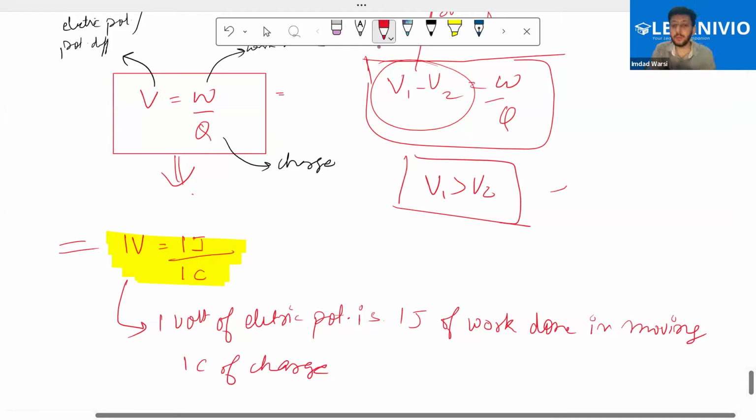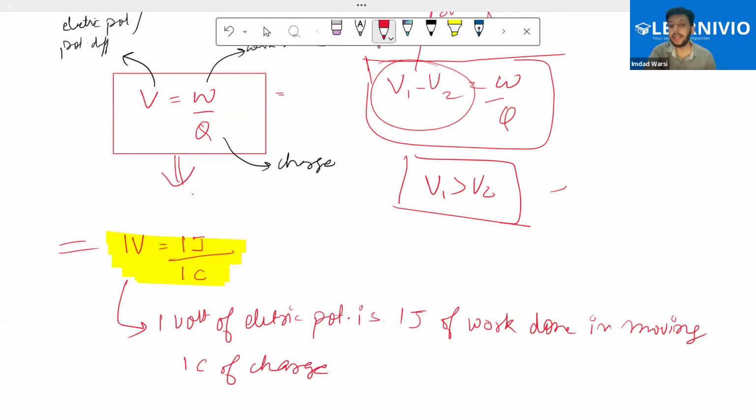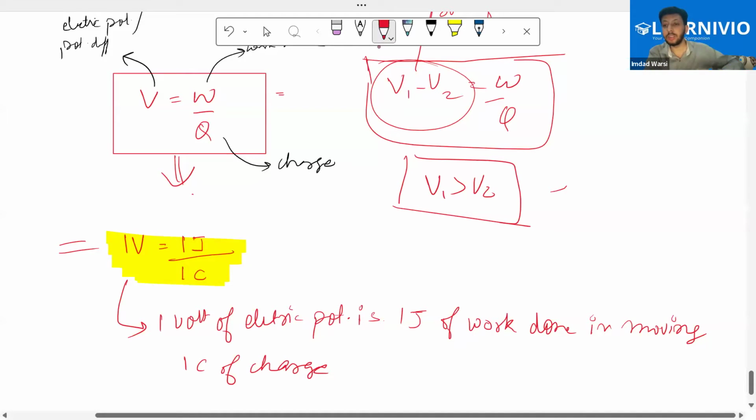Which means if you move a charge of 1 coulomb and the work done in moving that 1 coulomb of charge comes out to be 1 joule, then the potential will be 1 volt.